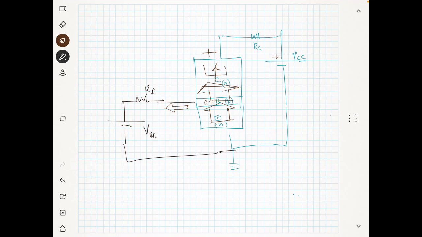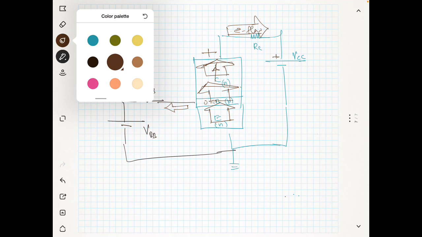All these electrons will be drifting towards the collector pin, flowing in this direction, and it will make a current. So this is electron flow.